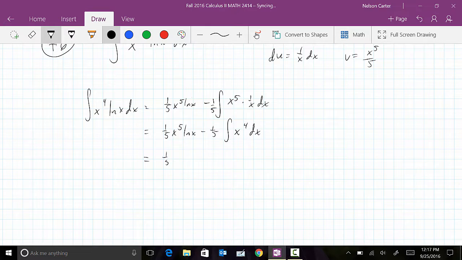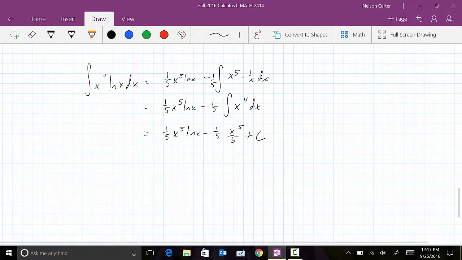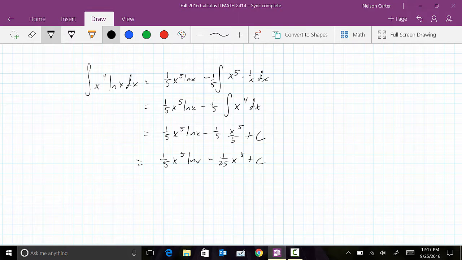So this is going to be 1/5 x to the power 5 times the ln of x minus 1/5 times x to the power 5 over 5 plus a constant. And so ultimately, this is 1/5 x to the power 5 times the ln of x minus 1/25 x to the power 5 plus a constant.